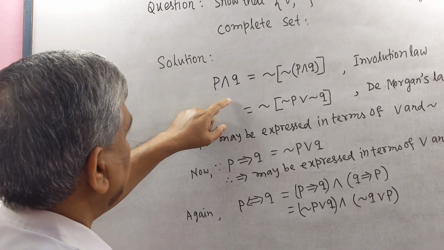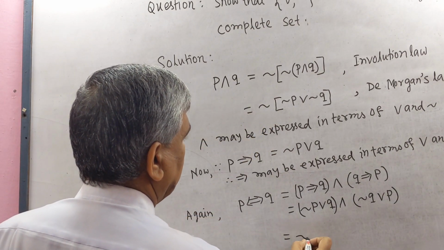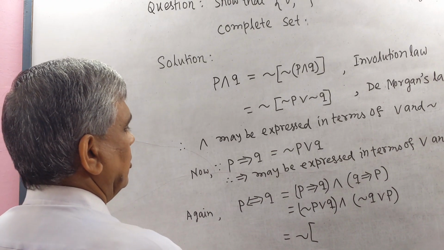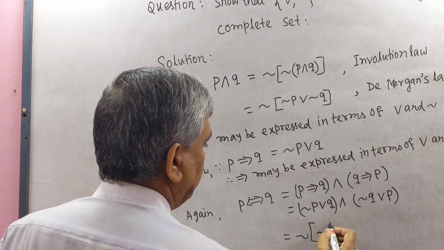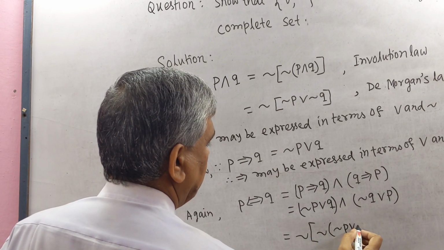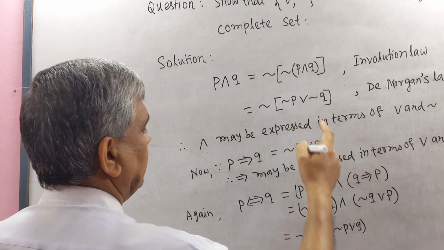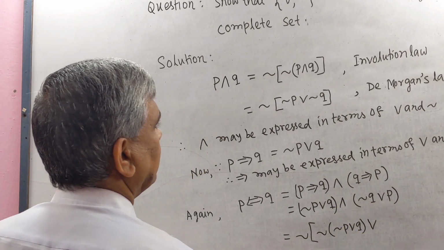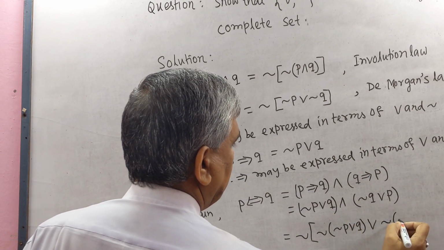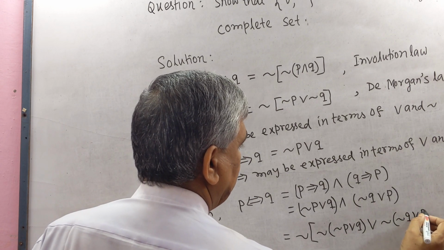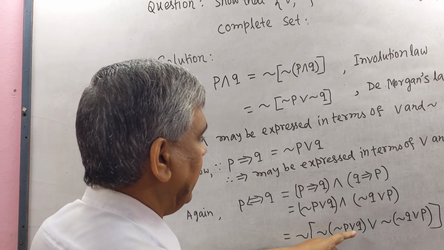Now the conjunction here is expressed as negation of negation P disjunction Q, conjunction negation Q disjunction P. So here we get only negation and disjunction.